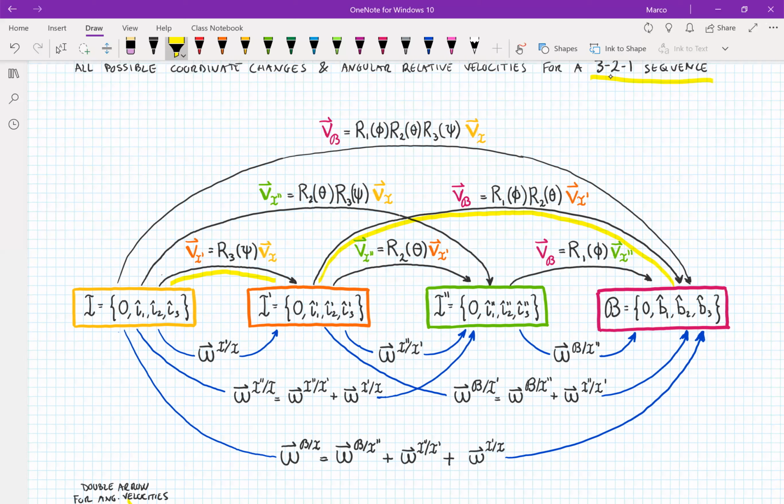Finally, if we just want to go directly from I to B, like we saw last time, taking a vector in the I coordinates, you would have to multiply it by the three elementary rotation matrices and get the same vector, but expressed in the body reference frame coordinates. I know maybe I'm going too slowly, but I really want you guys to be familiar with these things.